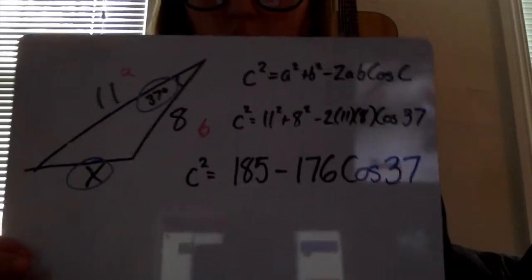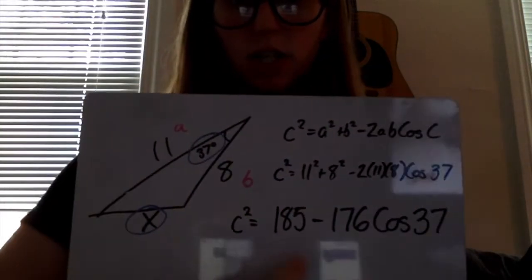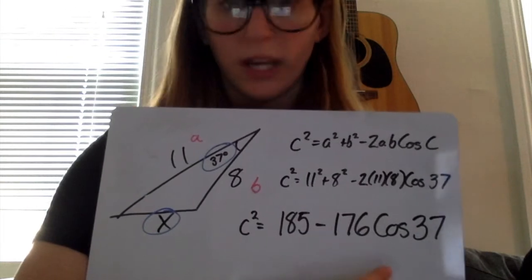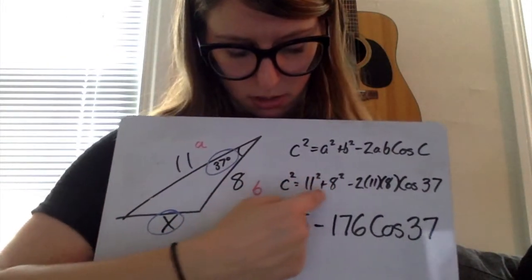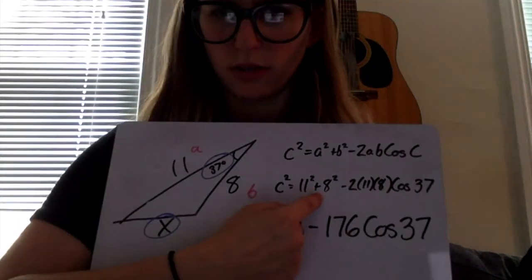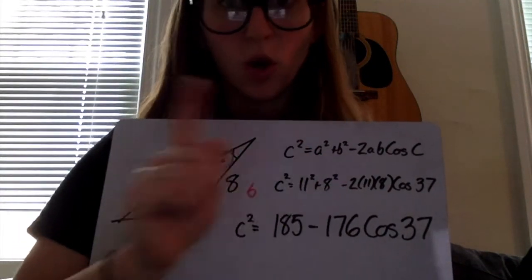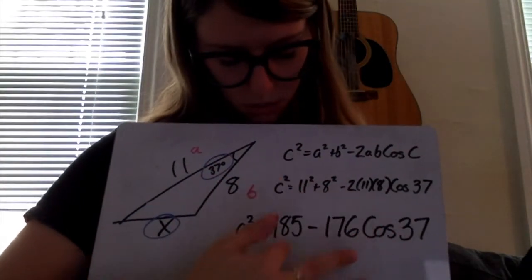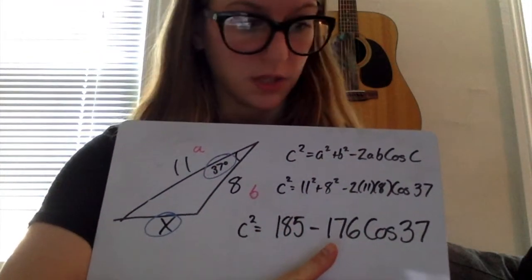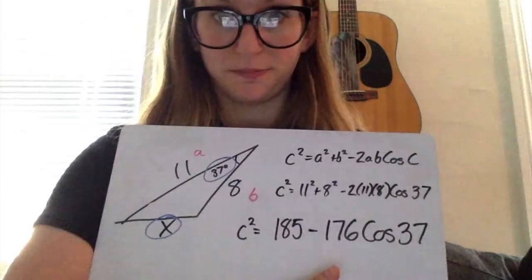And you can yell at me and you can tell me that I didn't PEMDAS because I did addition before I did multiplication. You can yell at me for that. But because of the associative property, it's okay to do these. Or is it commutative? One of the two properties, it's okay. You're all right. So 185 minus 176 cosine of 37.